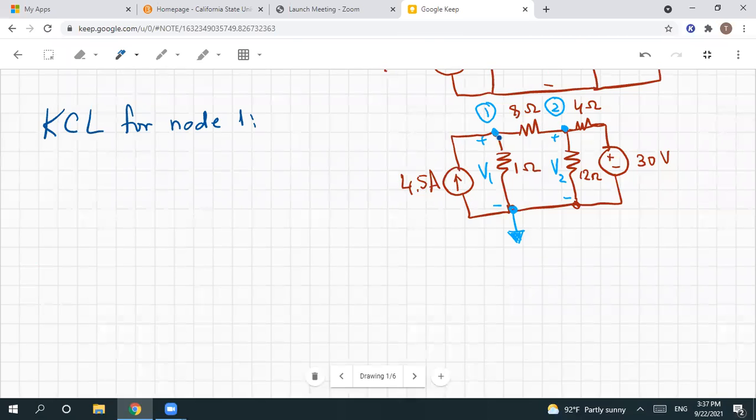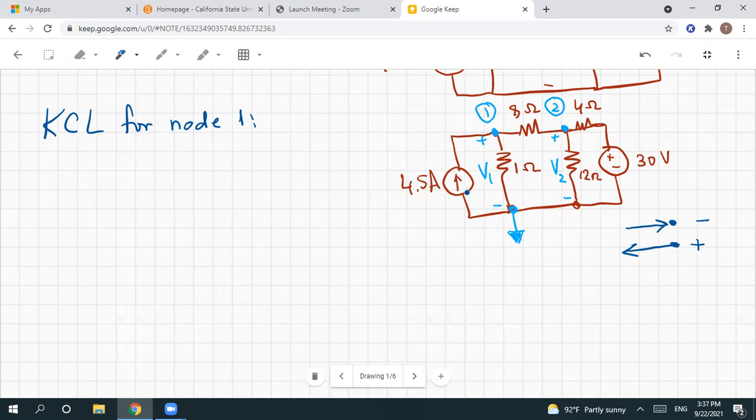So let's write for node 1. This current is entering, and as we agreed before, whenever the current is entering the node, its sign will be negative, and whenever the current is leaving the node, its sign will be positive.